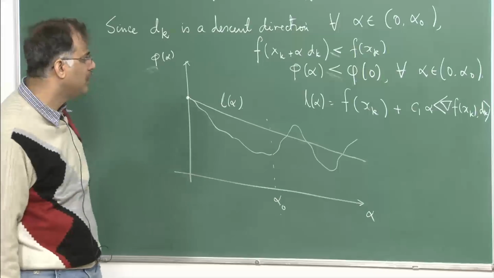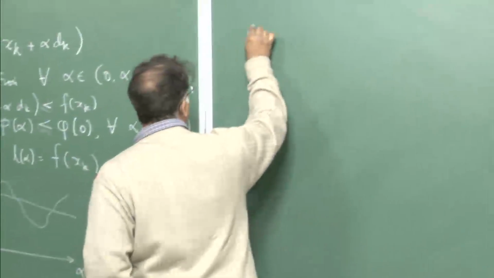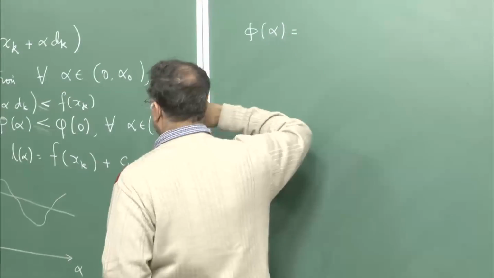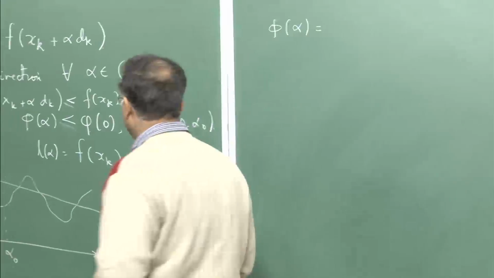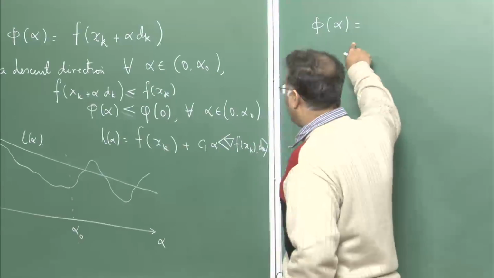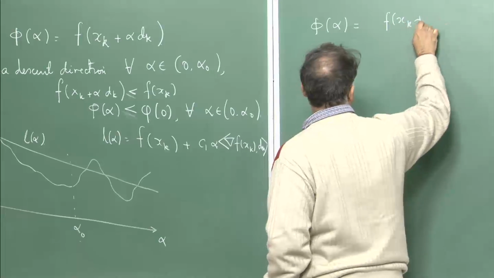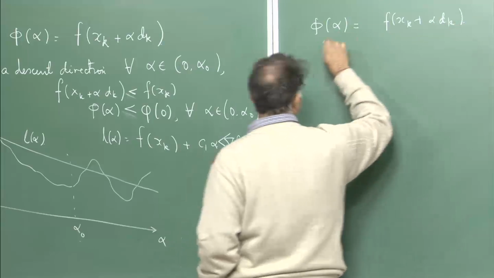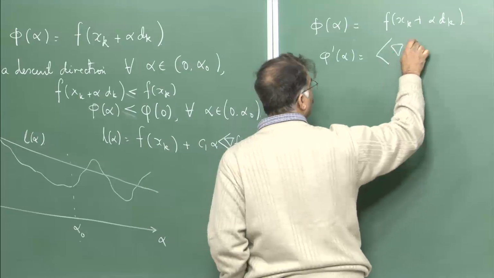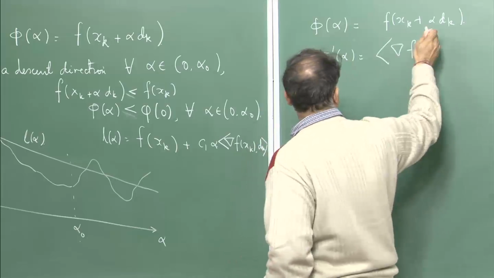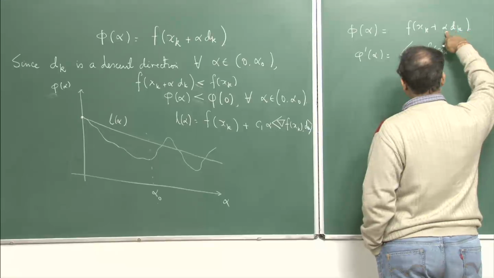Now what the curvature condition does is the following. Curvature condition is the second condition, so the curvature condition plus the Armijo condition gives you the Wolfe condition. If you look at phi alpha, this function is f of xk plus alpha dk. Let us take a derivative of this by applying the chain rule: first the gradient of this, into the derivative of this, which is nothing but dk.